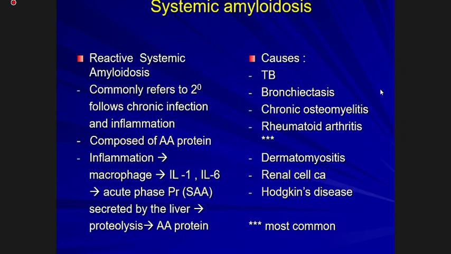But because there is generally treatment for TB and bronchiectasis now, it is very rare to find systemic amyloidosis due to these infections. Previously, when there was no control of TB infection and bronchiectasis, those two were the main causes of AA amyloidosis, but nowadays rheumatoid arthritis remains the most common cause of AA amyloidosis, reactive systemic amyloidosis.